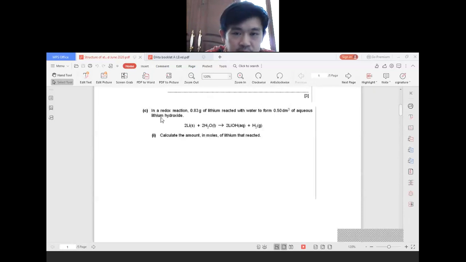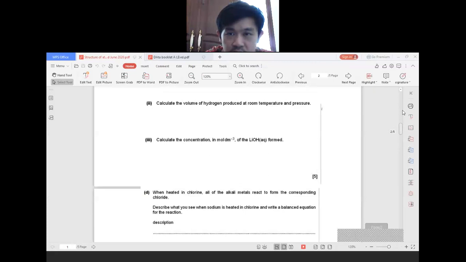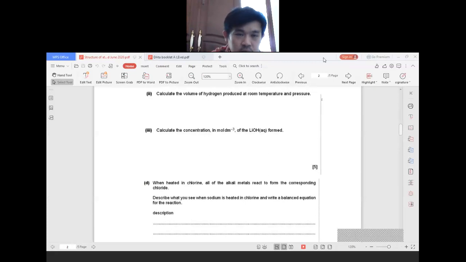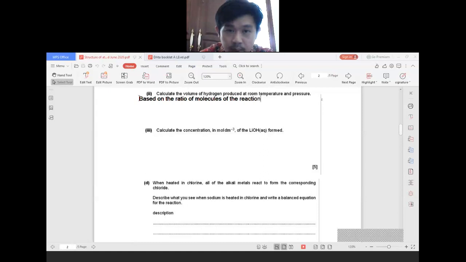We know that the ratio of hydrogen to lithium is 1 to 2, so based on moles, the ratio of lithium to hydrogen gas is 2 to 1.